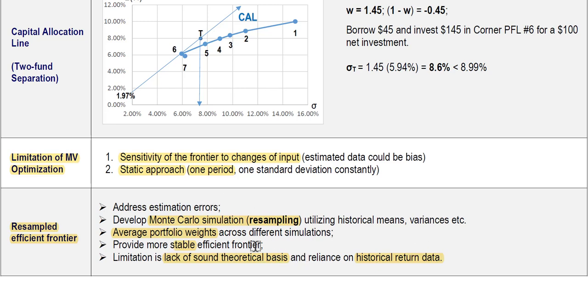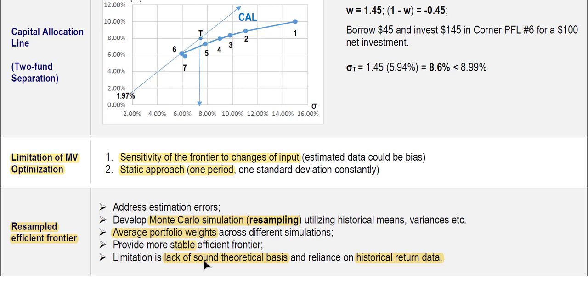Just remember, when you see the potential problems of the corner approach or the two-fund separation approach in terms of the mean-variance efficient frontier, understand the limitations, and usually we ask how you overcome this problem. The simulation is one possible way to do that.